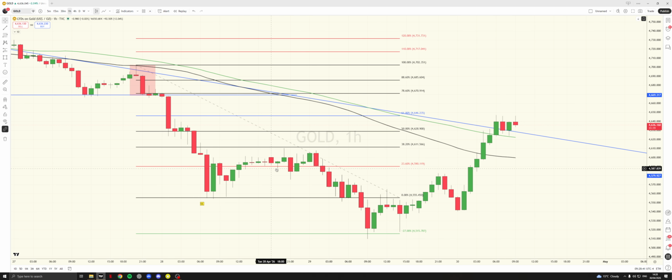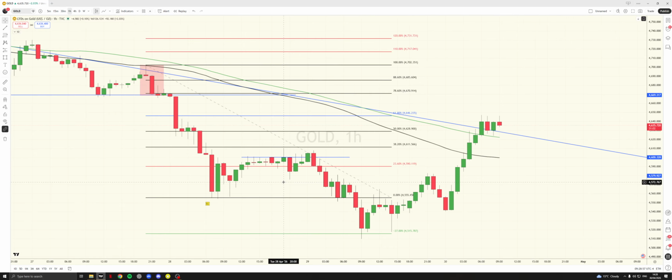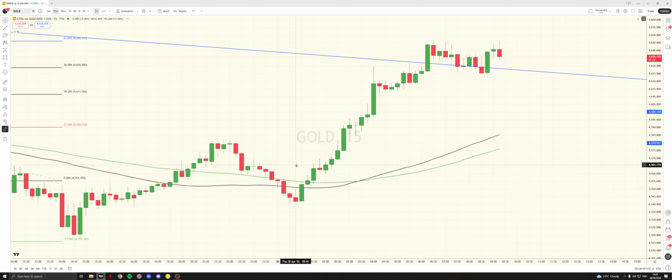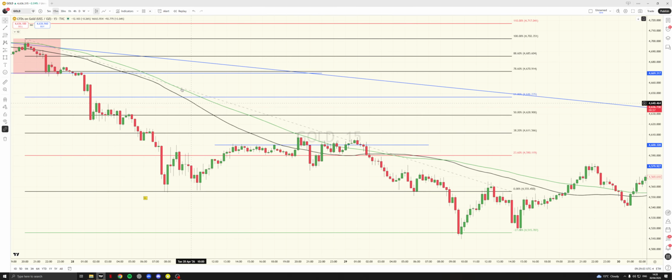We got a 23.6%. Now if you were stuck on lower time frames, you could probably see where you're going wrong here, trying to enter trades on dojis and all sorts of stuff. But what you could do is mark off the level of resistance here, and then you could be tracking it on the lower time frames, like the 15-minute or something. As you can see, the MAs are still pointing down.